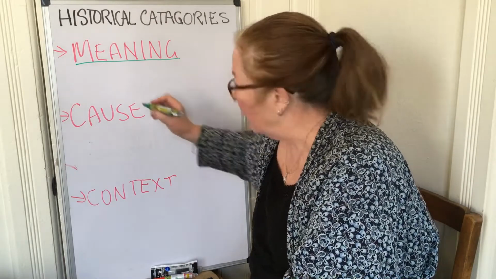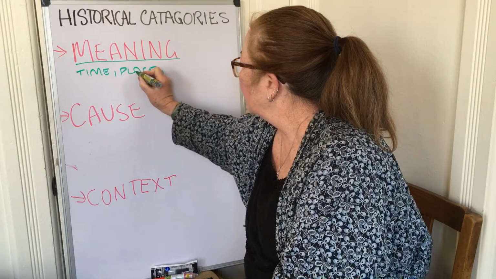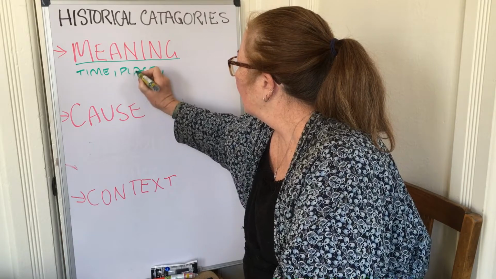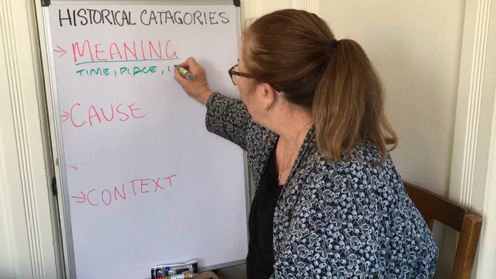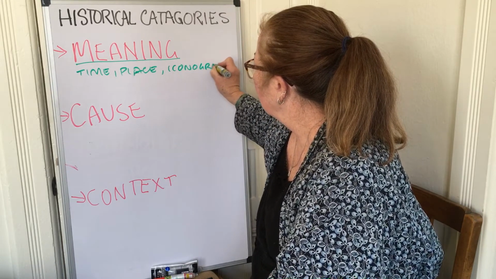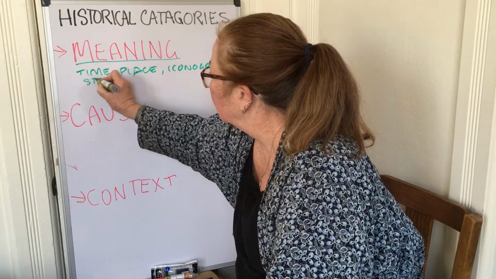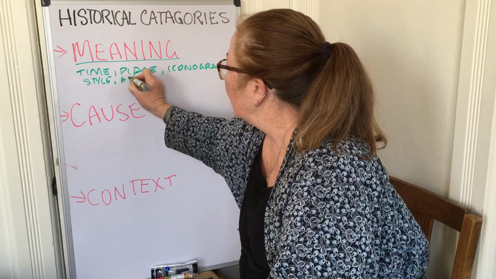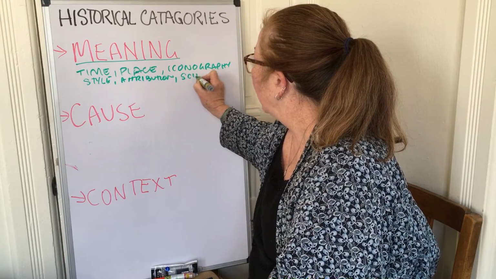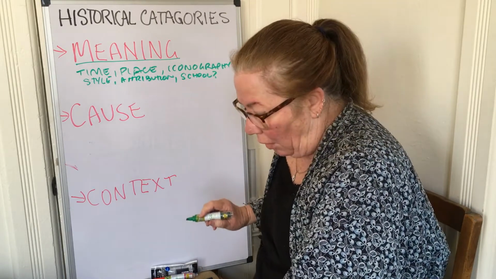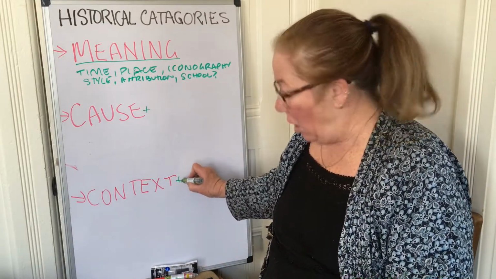It takes into account the time, place, right, the time, place, iconography, style, attribution, or even the school of art, right? So they're looking at all those things, plus the cause and the context.